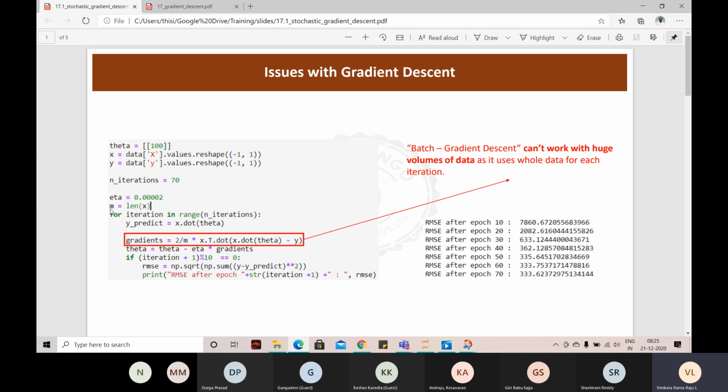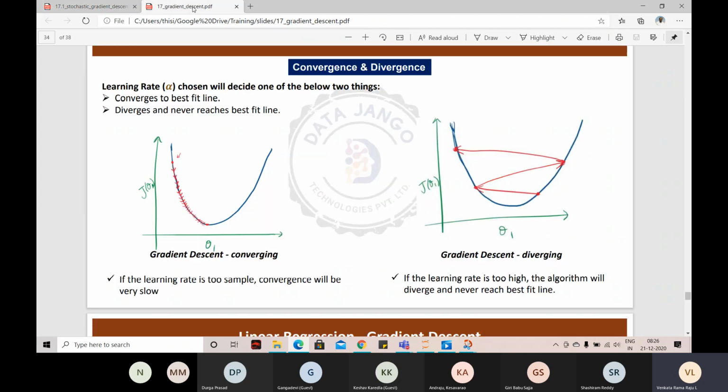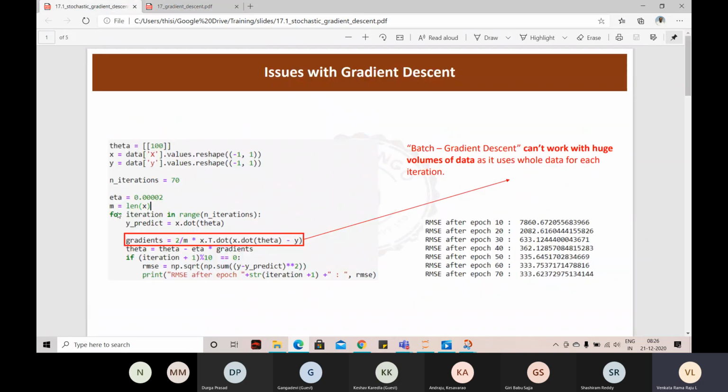So m is the number of records in your data. Length of x is nothing but the number of rows in your data set. Now the iterations start. I am doing the first iteration. Let me show you: for iteration in range of n_iterations.